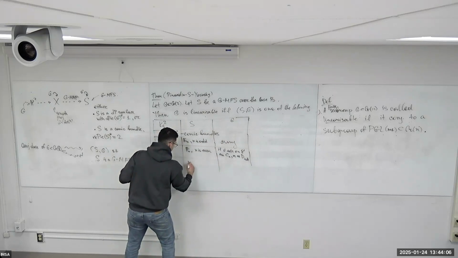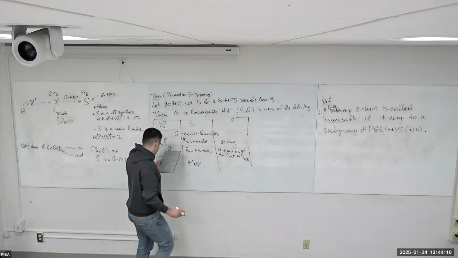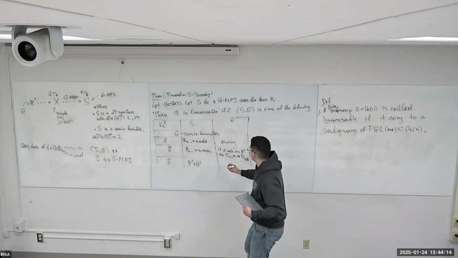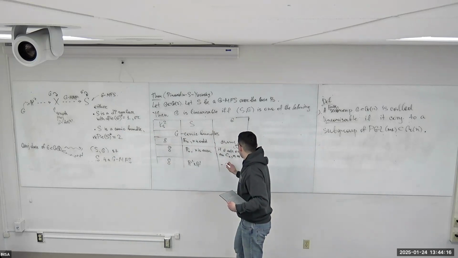And the last case here will be P1 cross P1, which is F0. But it is special because in this case, we say even more precisely that G is one of the following.